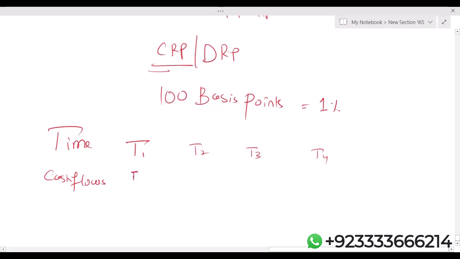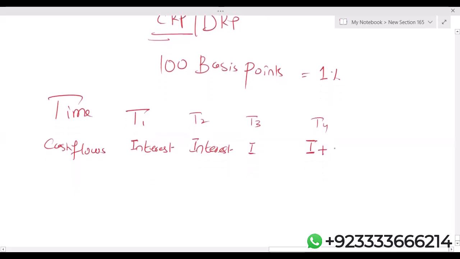Here I'll take interest, annual interest. No 1 minus T, okay? There's no 1 minus T because we are just calculating market value of debt. Interest plus the redemption amount.